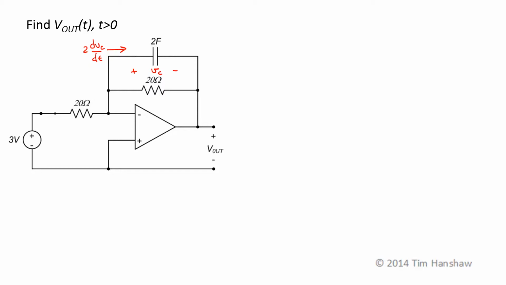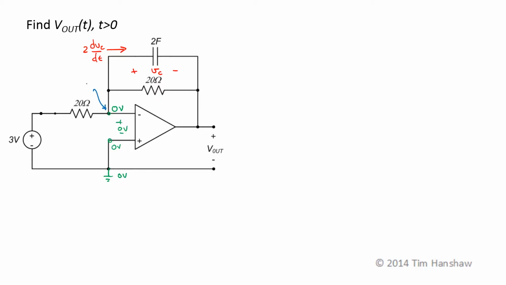Now let's apply our op-amp rules. If I say that this node here is at 0 volts, that's our reference, then this terminal is at 0 volts. That means that since there's no voltage difference across these two input terminals, this voltage here is 0 volts. Now the next step is probably to do KCL at the input terminals.